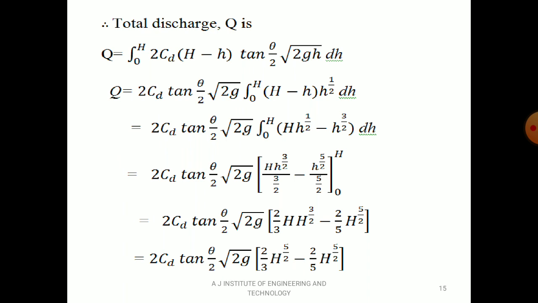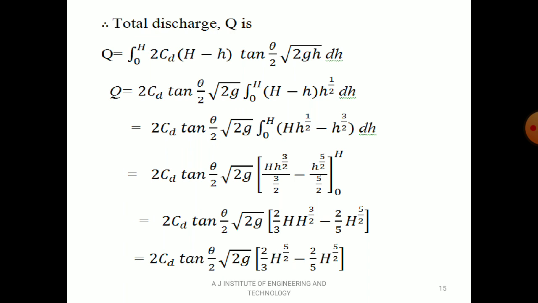So Q equal to 2 Cd tan theta by 2 into square root of 2g multiplied by integration from 0 to H of (H minus h) into h to the power 1 by 2 dh. I removed square root of 2g, that is a constant, from the integration sign. So remaining is h to the power 1 by 2.